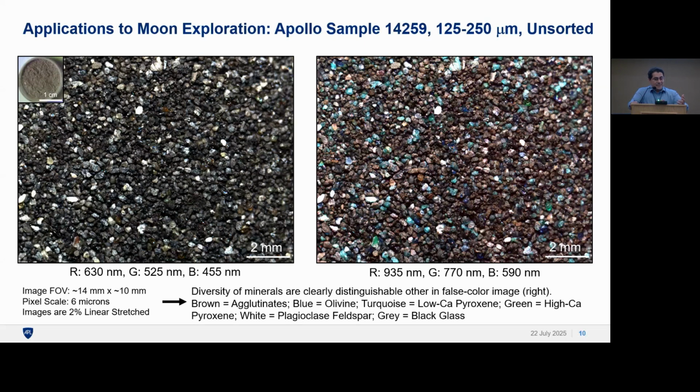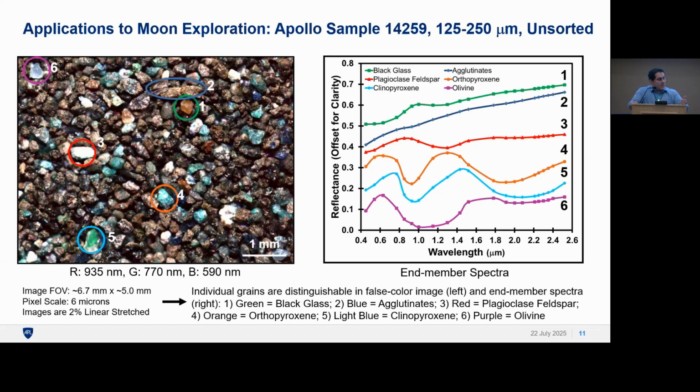And if you go to the next slide, yep, keep going. There you go. We can draw ROIs around each of the different grains and extract spectra from them. And we can see that just within this small little patch, there's a huge diversity in the mineralogy. You have grains of low calcium and high calcium pyroxenes, also olivine, plagioclase feldspar, and even agglutinates.